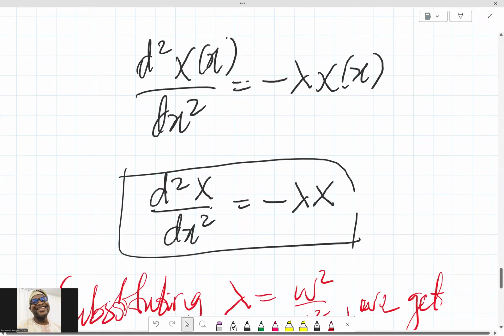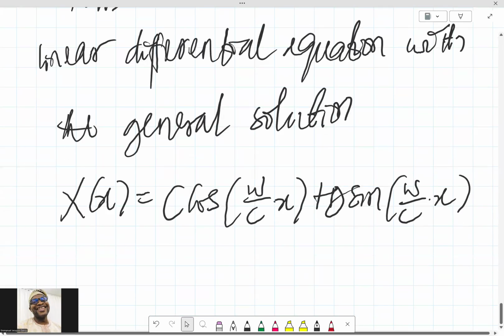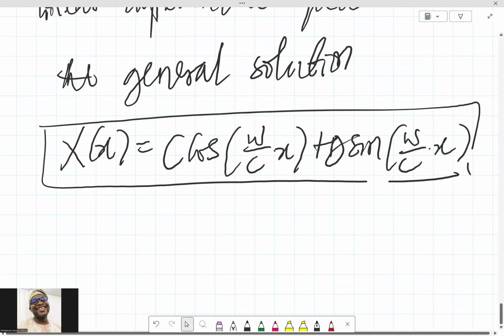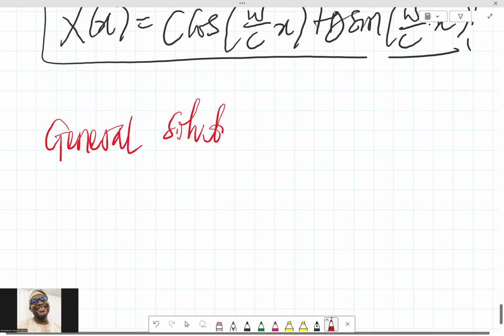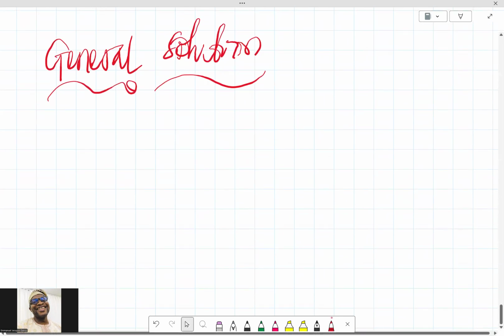We're talking about it being the complex kind of thing now. With that in place, we can go for a general solution, because we've been talking about so many general solutions previously. So the overall general solution.